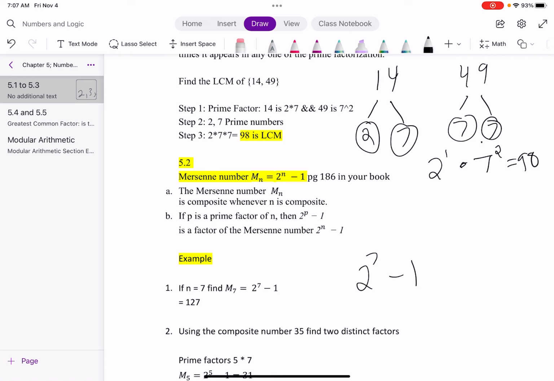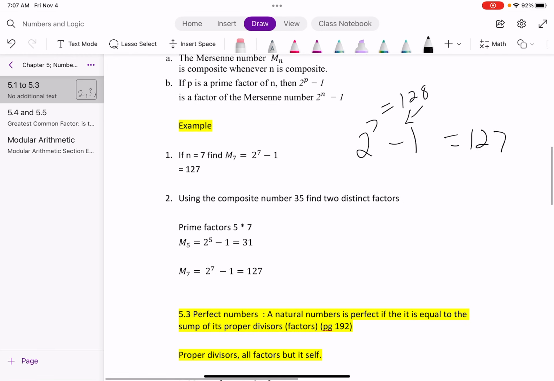So if I go to my calculator, I do 2 to the 7th power, which gives me 128. And then I subtract the 1, which gives me 127. So the Mersenne number is 127, which is a prime number because 7 is a prime number.